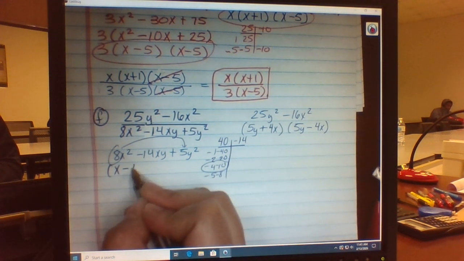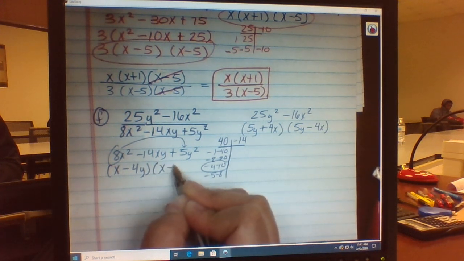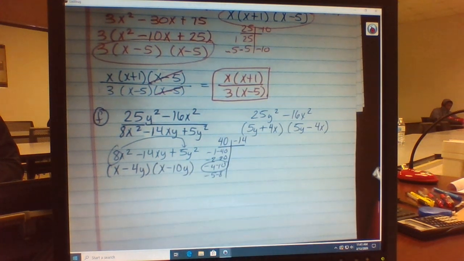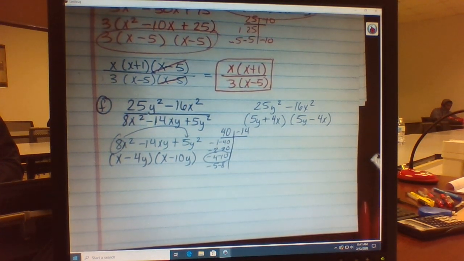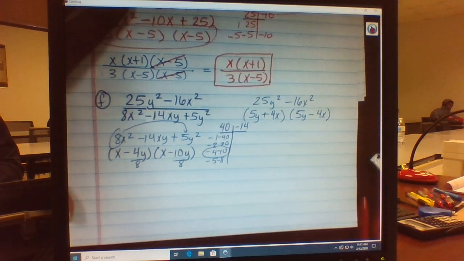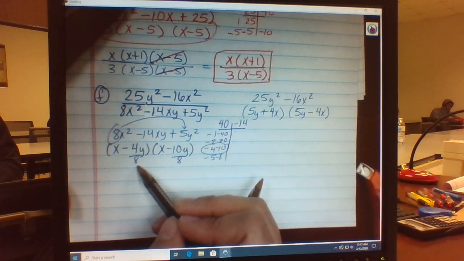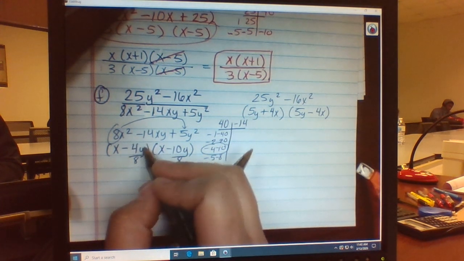x minus 4y and x minus 10y. But now I need to not forget that I need to do what? Divide by 8. So this is what I was telling you earlier, Summer. 4 does not divide by 8, but I could reduce that to a half.